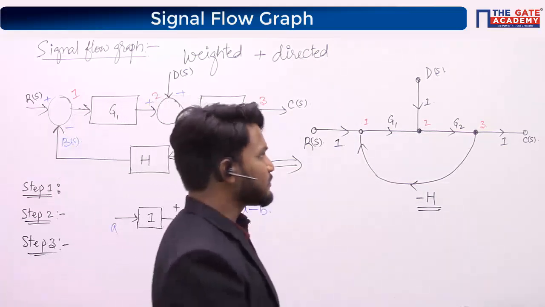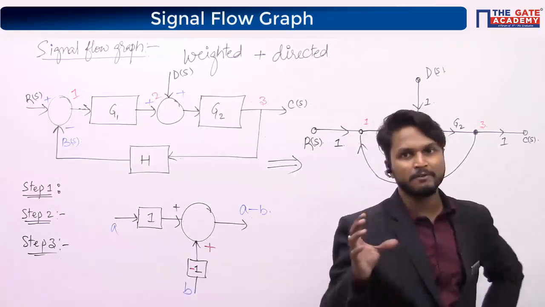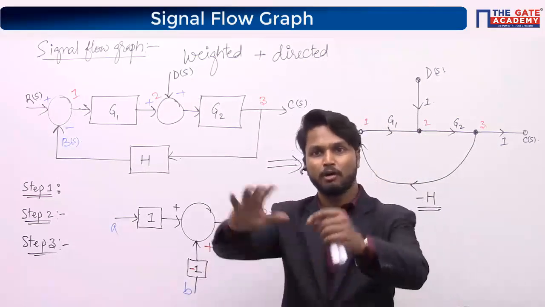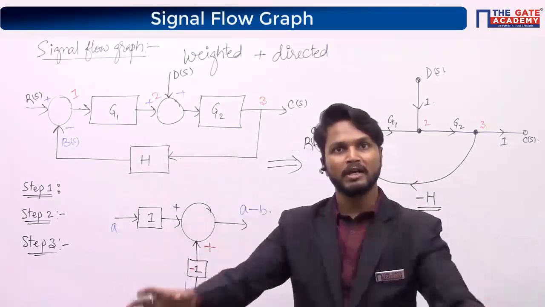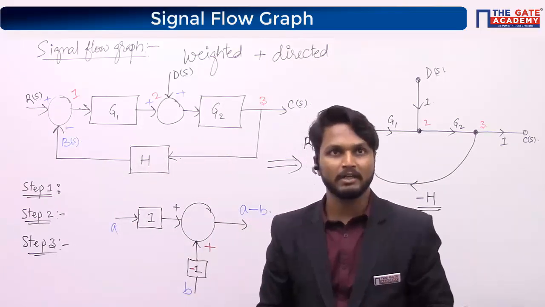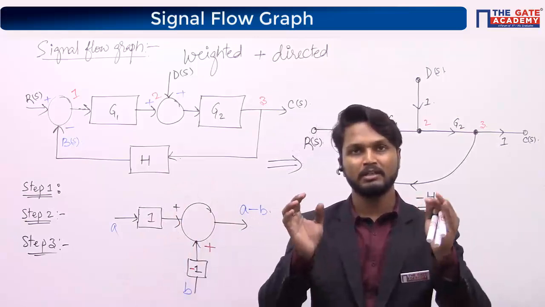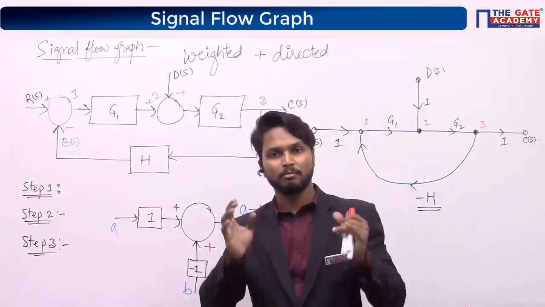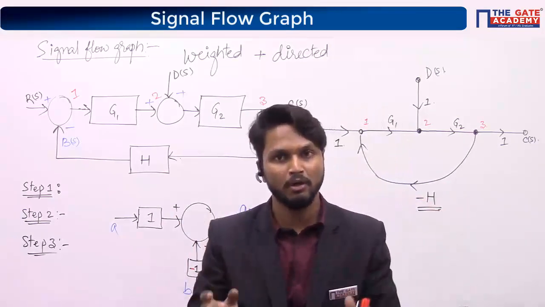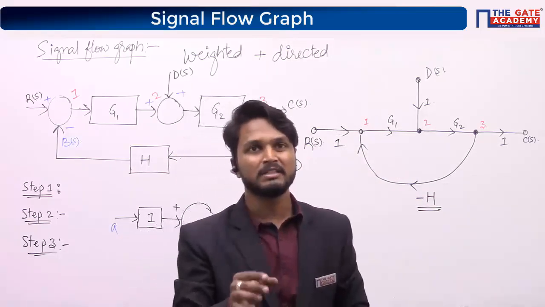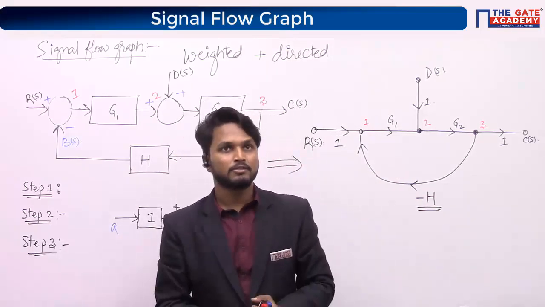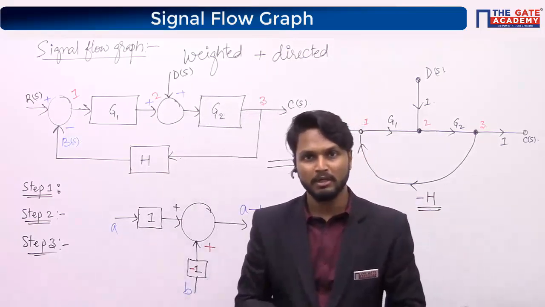So let us look at how we can easily find out the transfer function of any complex network of block diagrams using the signal flow graph technique. The transfer function of any complex network of block diagrams can be found out using Mason's gain formula. So just put the heading Mason's gain formula.